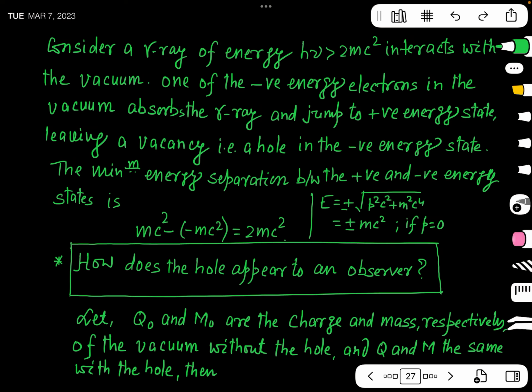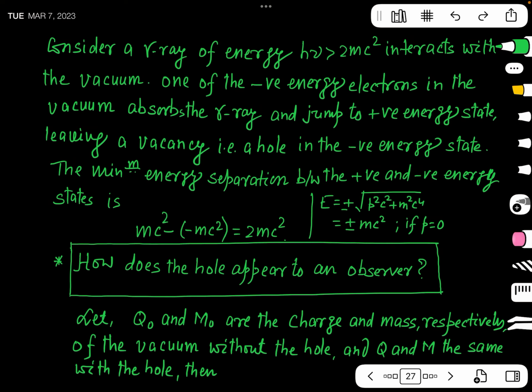Okay. In fact, the stability of the positive energy state is thus ensured. Okay. Though the vacuum is unobservable, remember that it is not inert. It can interact by virtue of its electric charge with an external electromagnetic field. Okay.